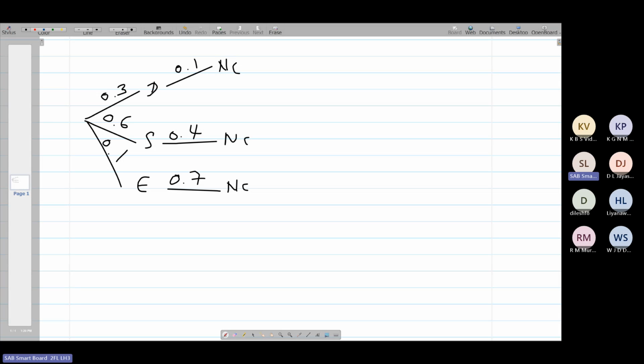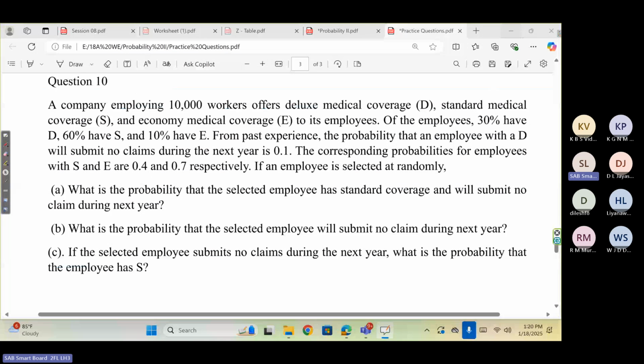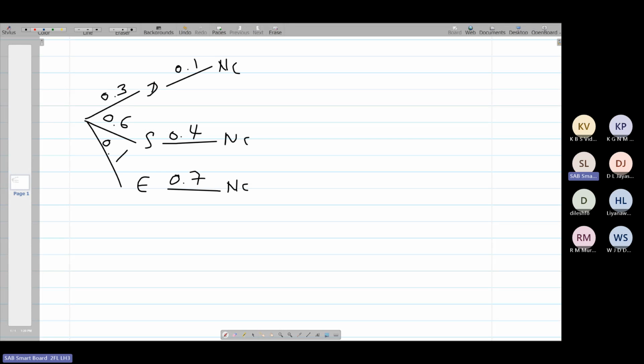The first one asks, what is the probability that the selected employee has standard medical coverage and submits no claim during the next year? Standard medical coverage and submit no claim. It means this branch.